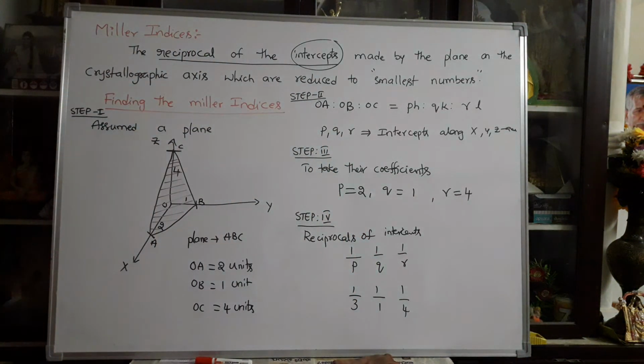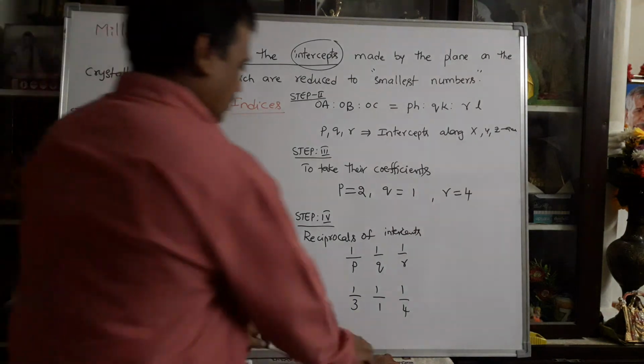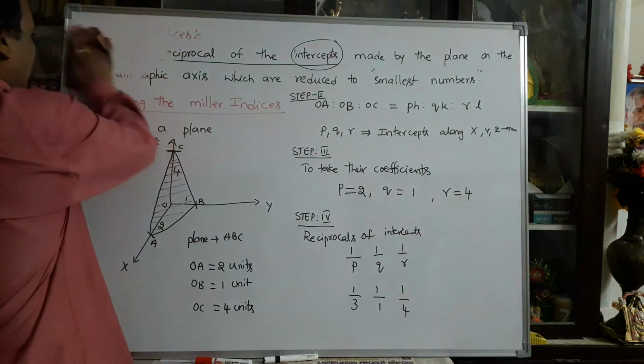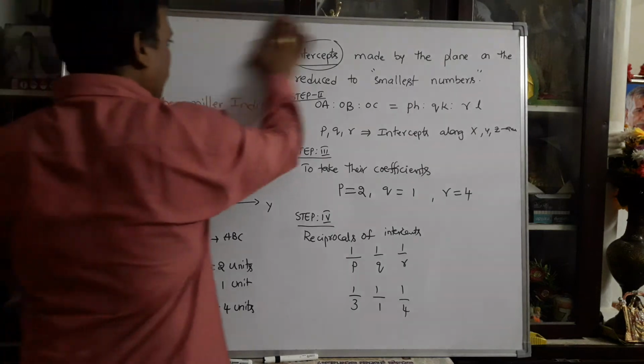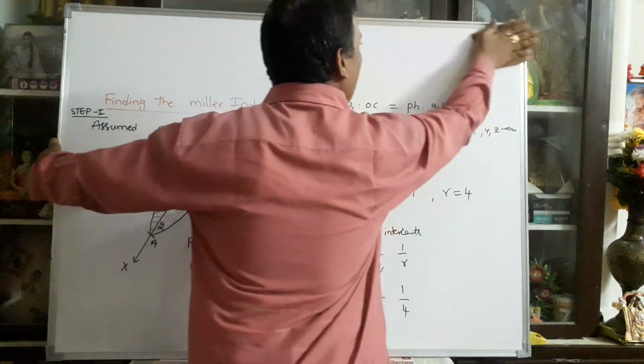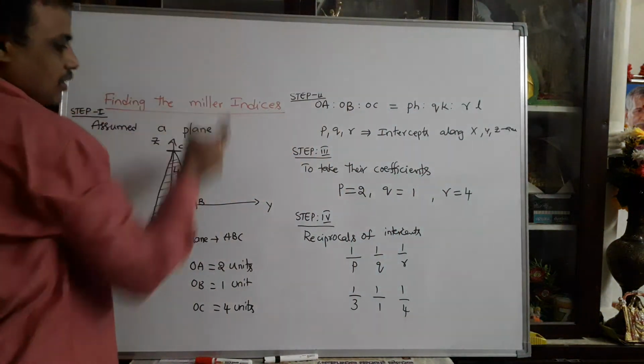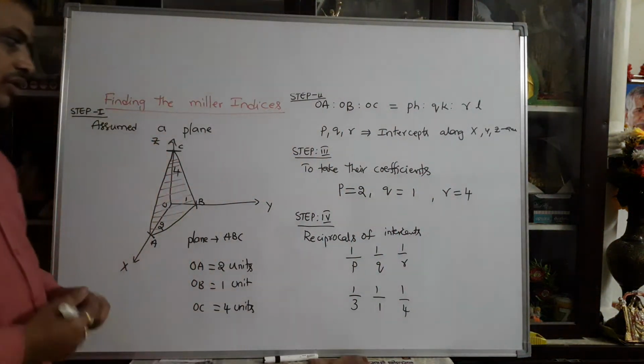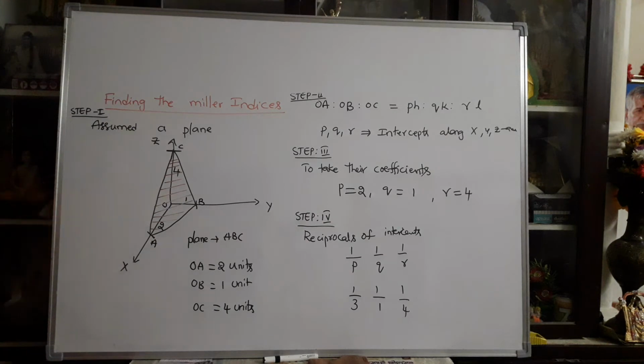That is step number 4. The reciprocal of intercepts can be taken as Miller indices, but Miller indices do not exist as fractions. So this must be converted into the smallest numbers.